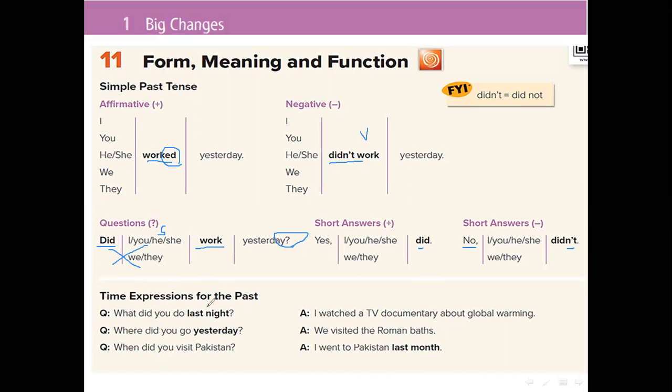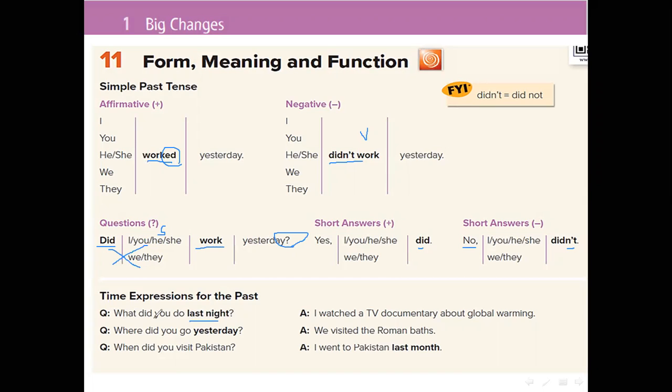The expressions for the past are last, last night, last year, last month, yesterday, ago. Okay? Let's discuss the first example. What did you do last night? There is a time expression for the simple past, last night.